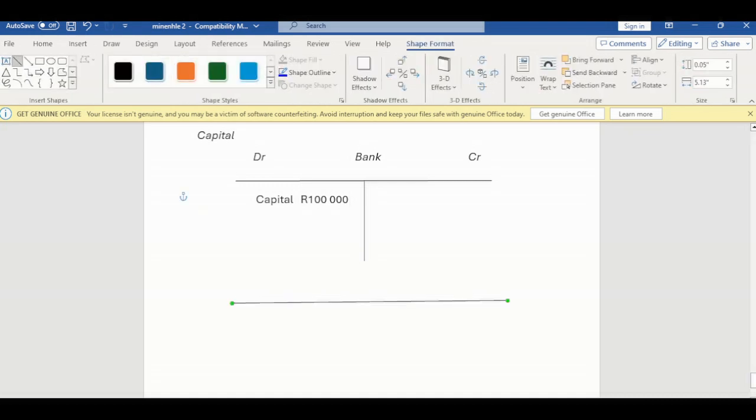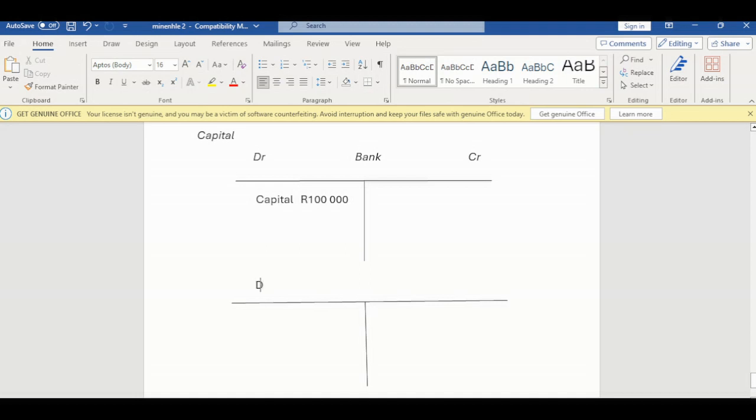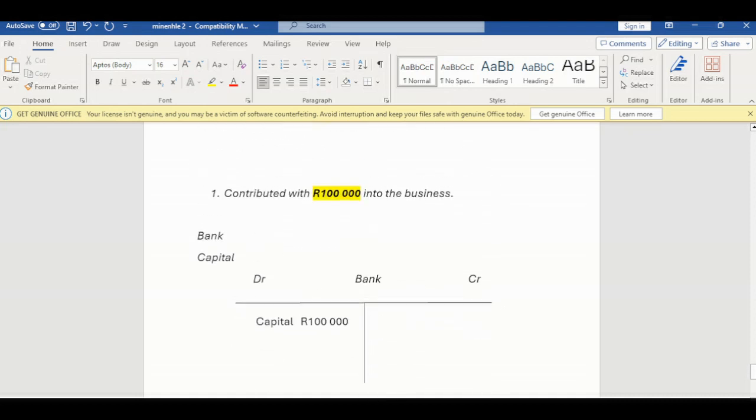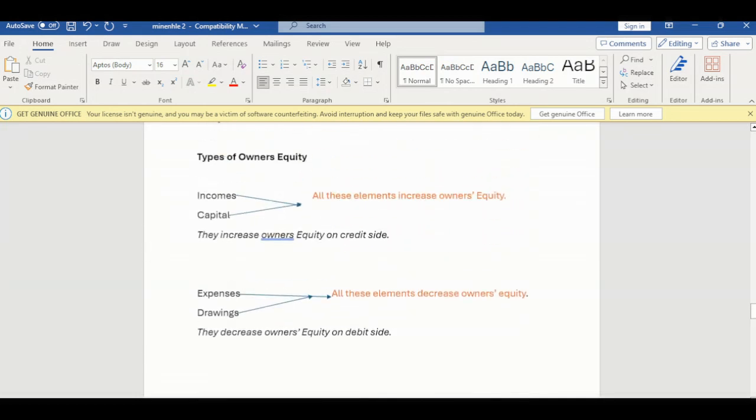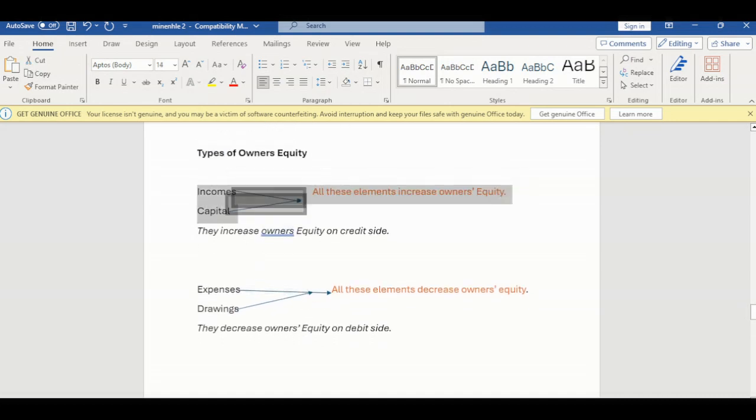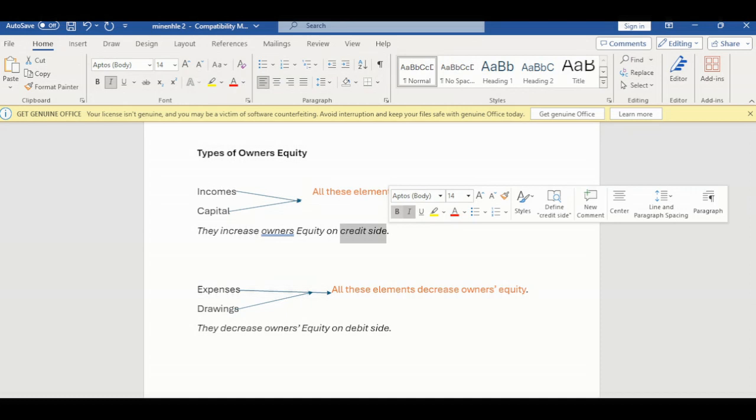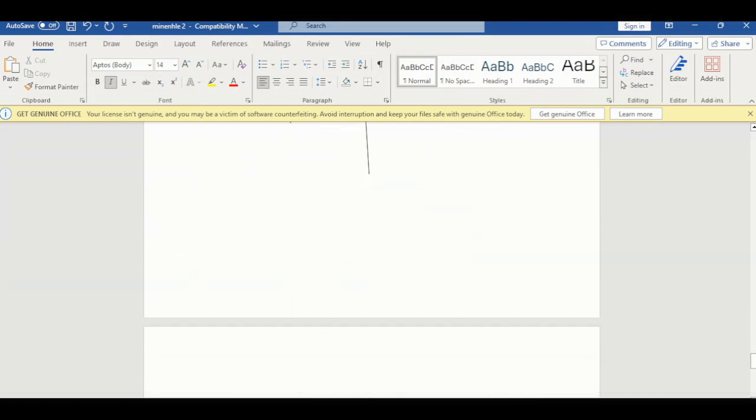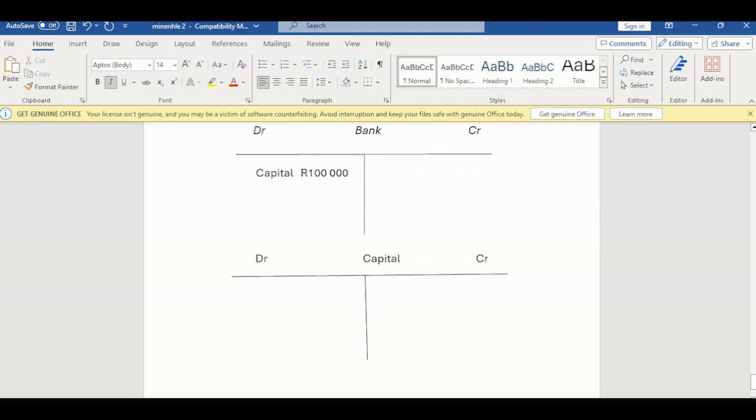On your left hand side, debit side, on your right hand side, credit side, and then in the middle you have a capital account. A capital account is a type of owner's equity, and owner's equity increases on a credit side. Obviously it will increase on a credit side.